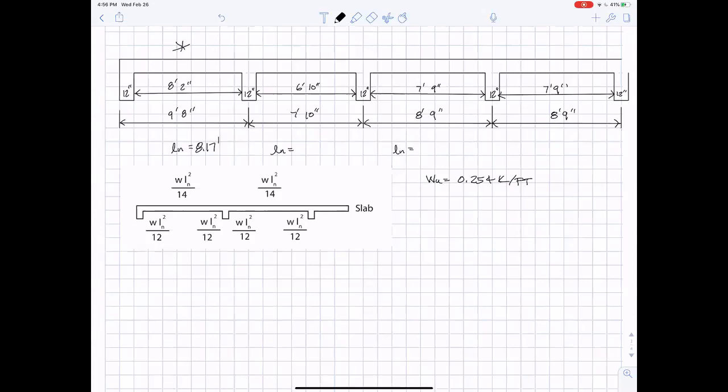There we go. So this moment here is 1.412 foot kips, and the other moment is 1.21.